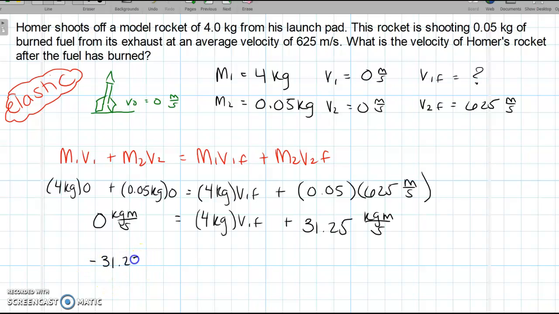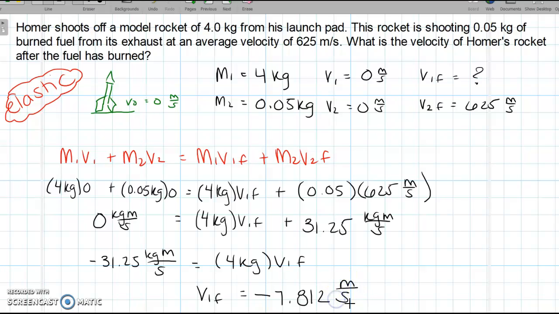I'm going to be left with this negative 31.25 on my left side is equal to 4 kilograms times V1F. So I want to know what V1F is, so I'm going to divide by 4 kilograms on either side. This is going to be a negative velocity. So 31.25 divided by 4. So a negative 7.812 meters per second here.